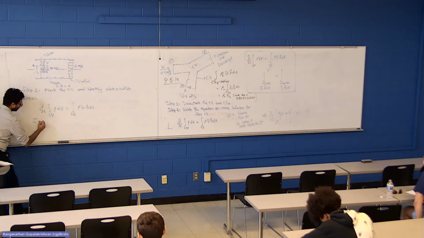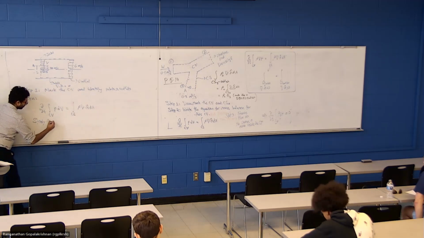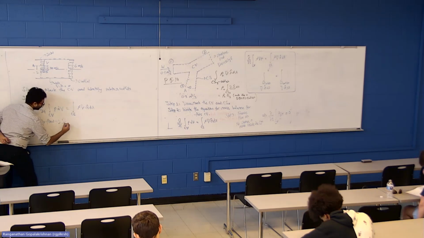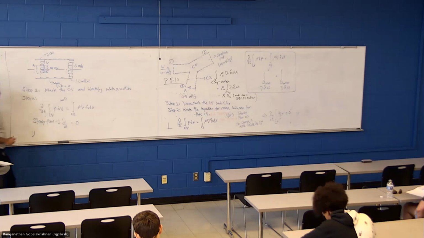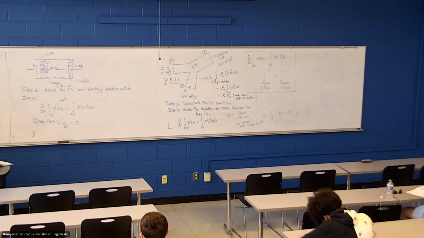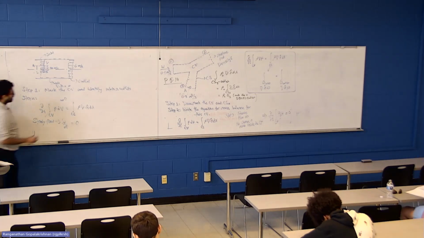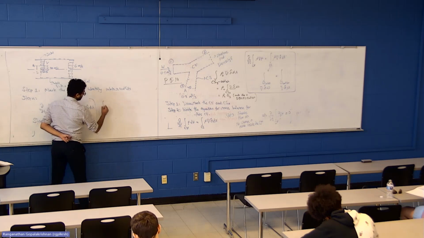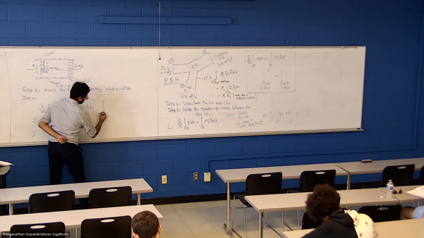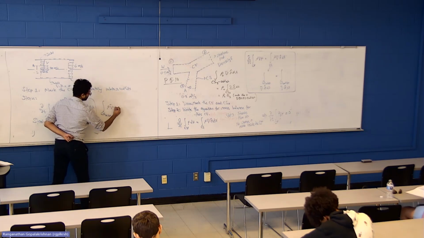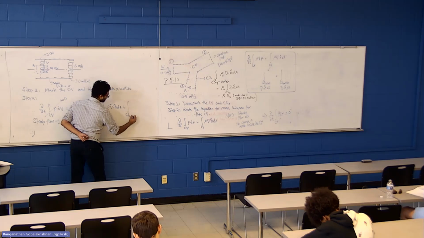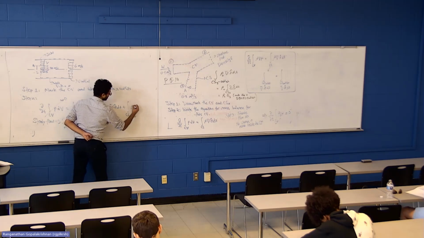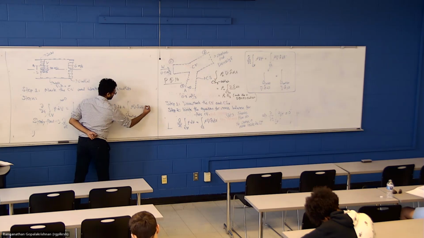Since we have steady flow, this implies there is no accumulation. So this term is 0. So that gets us integral CS inlet rho V dot N dA plus integral CS outlet rho V dot N dA equal to 0.